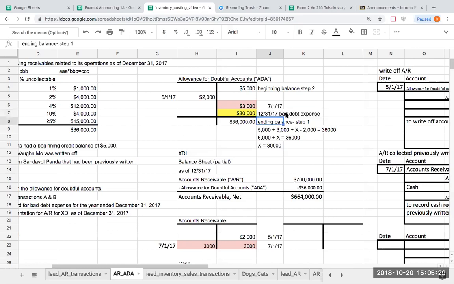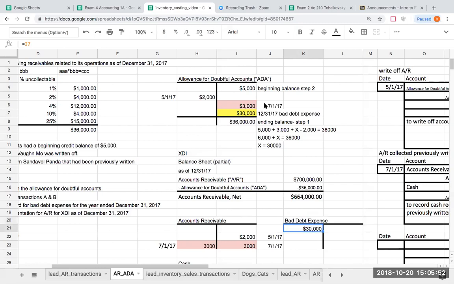Okay, so here I'm crediting the allowance for doubtful accounts for 30,000. Why? This amount represents the amount of the bad debt expense. For every credit, I need a debit. And here, my debit is going to be to bad debt expense.